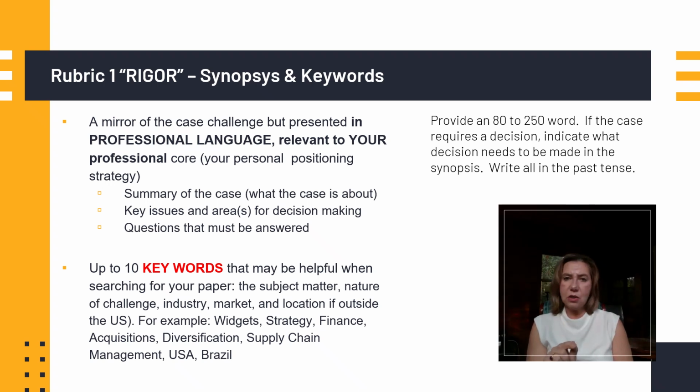Use terminology. Instead of saying the same thing you said in the case, use words like organizational development challenge, or international business challenge, or project management challenge, etc., because this is how you put a stamp of who you are as a professional, who you are as an expert, and it's extremely important.